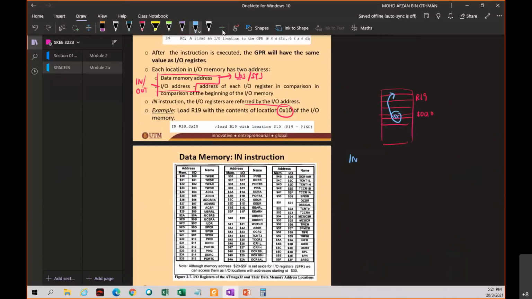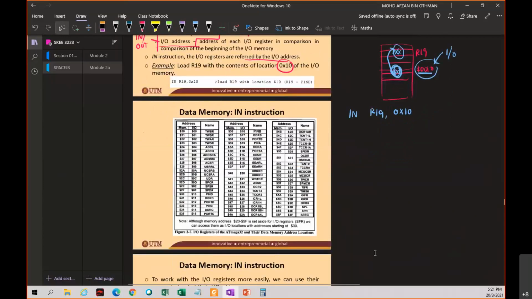You just use in R19 followed by the address, which is 0x10. So kamu akan ambil value daripada address 10, yang ni IO address, refer to IO address not memory address, masuk ke dalam R19. So automatically R19 will have the same value as address 0x10 dalam IO address.